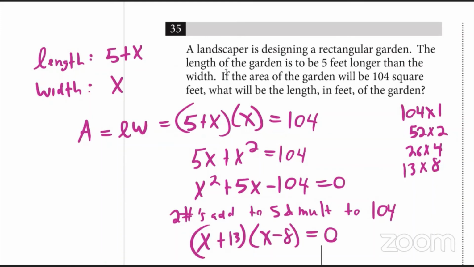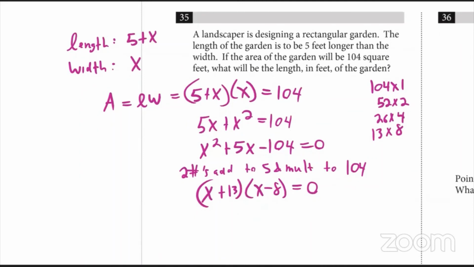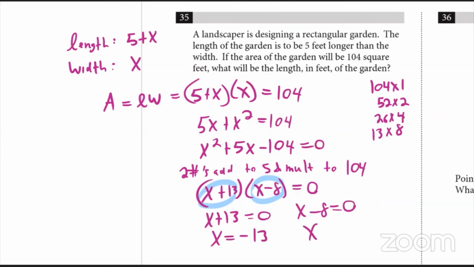So now we have it factored, and we have 2 factors here. The zero product rule says when you have 2 things that multiply out to 0, you set each independent one equal to 0. So x plus 13 equals 0, x minus 8 equals 0. And solve each one. Here you get negative 13. Here you get positive 8.